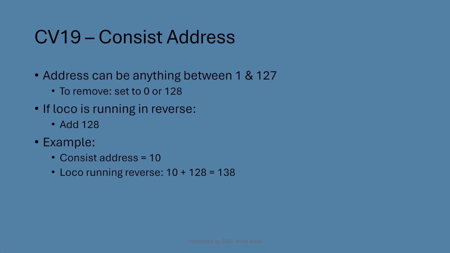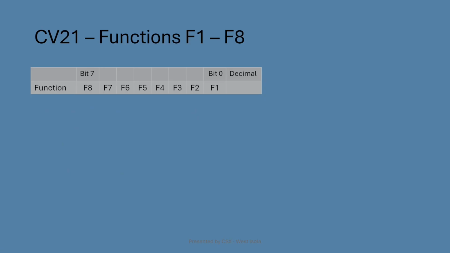So moving on to the other ones. CV21 controls whether functions 1 to 8 actually do anything. So you go into each loco, you tell it, on this loco, I want you to react to function 1. On this loco, I want you to react to function 8. On this loco, I don't want you to react to it.